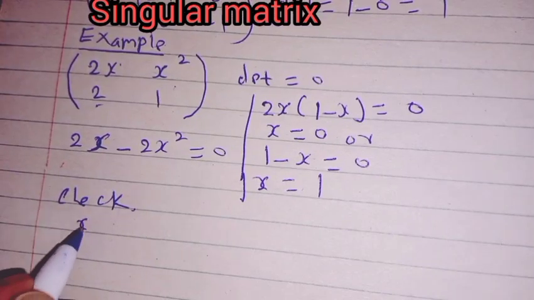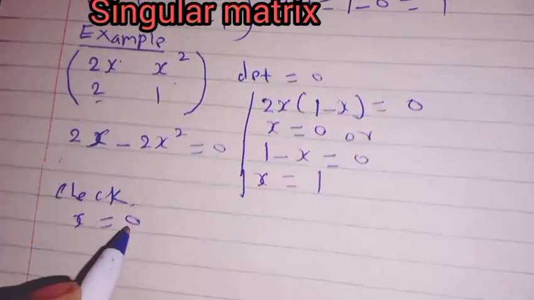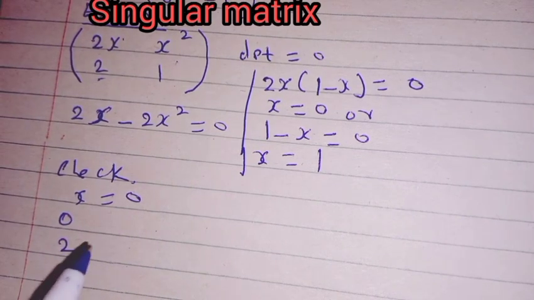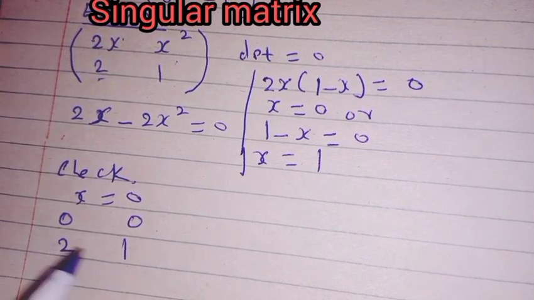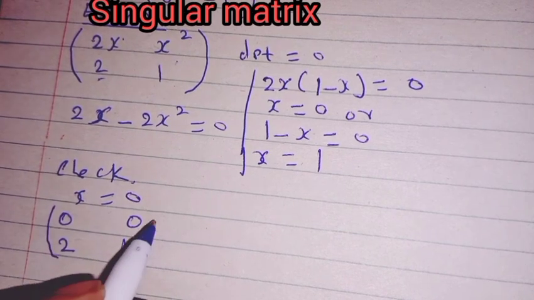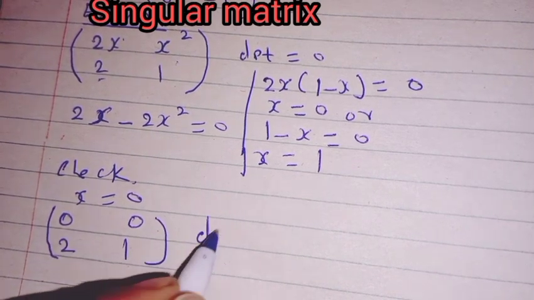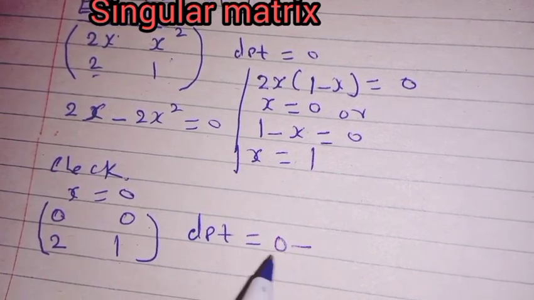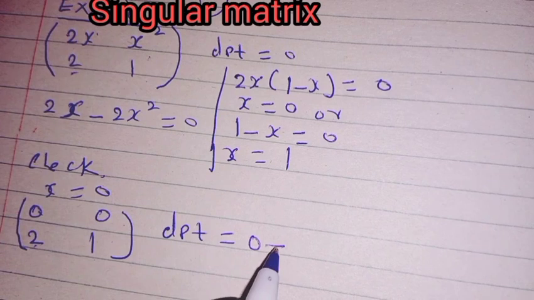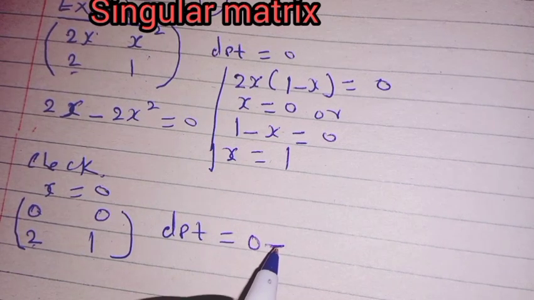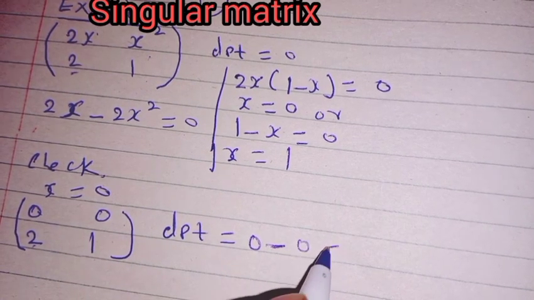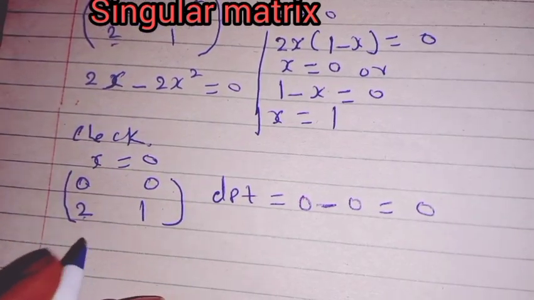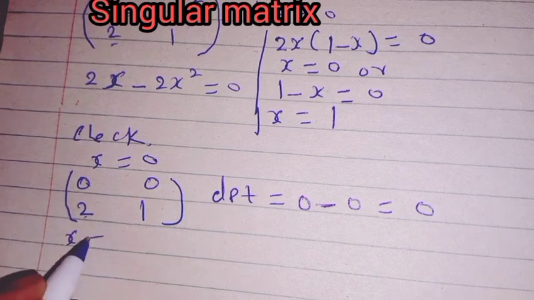When x is equal to 0, our matrix will be 0, 2, 0, 1. The determinant here will be 0 times 1, which is 0, minus 2 times 0, which is 0. So you can see our determinant is 0.